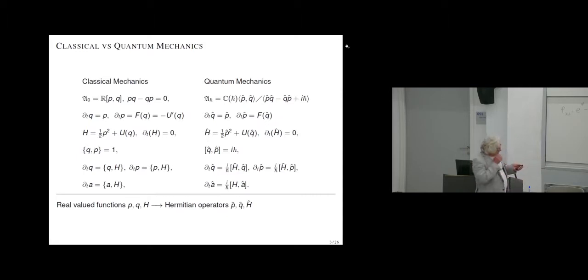What was the observation and discovery of Heisenberg in quantum mechanics is that the equation of motion does not change. What changes is the rule for how we work with variables. Variables do not commute anymore. They satisfy the Heisenberg commutation relation, and the first integral is still a first integral.